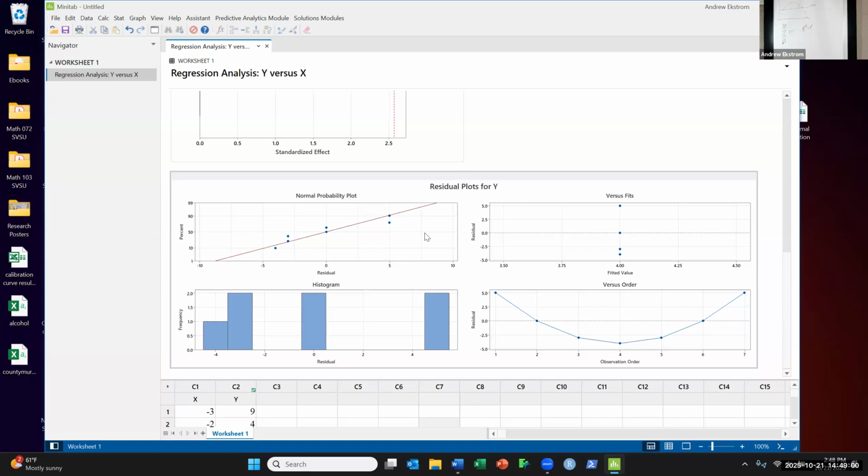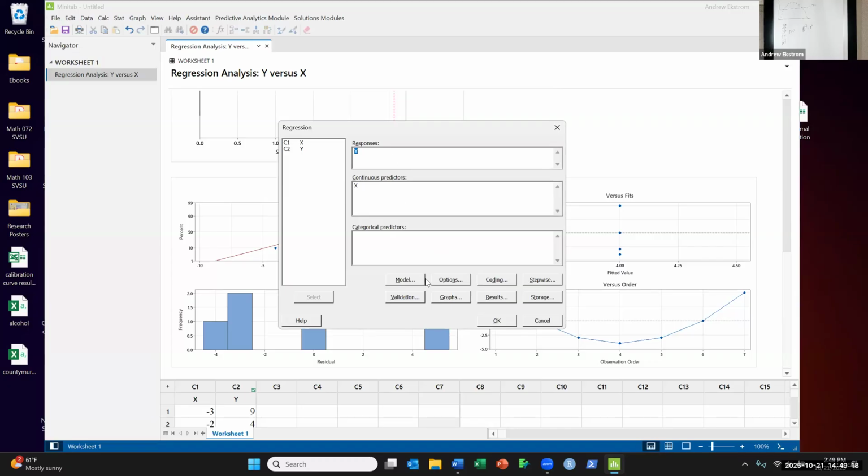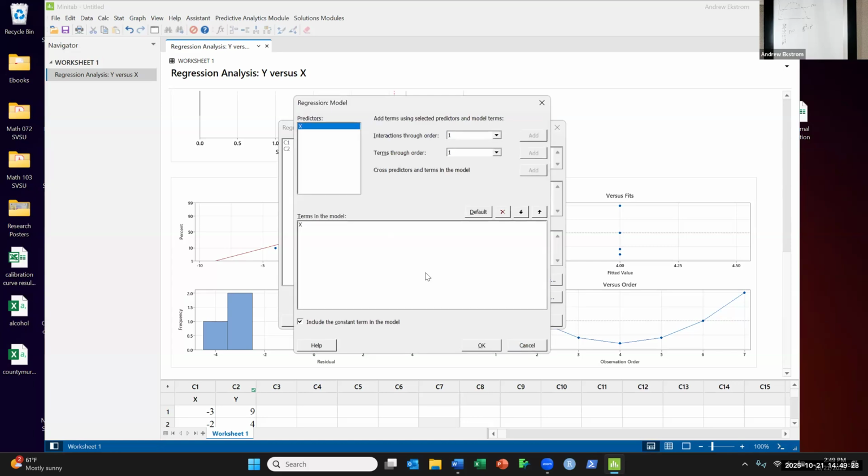So if I want to do that, I can go back to Stat, Regression, Regression, and go back to Fit Regression Model again. This time, I can go to Model. Right now I've got X highlighted, and I apologize for it being so small on here.